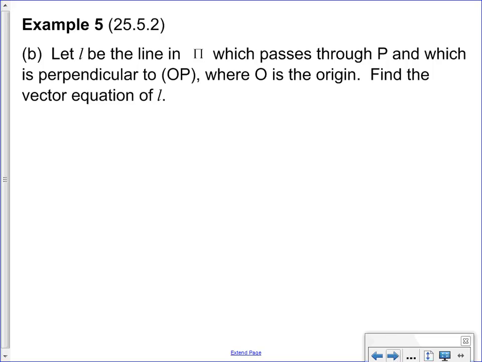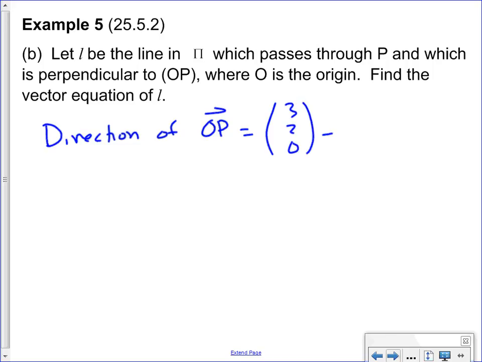So the direction of OP. What was P? 3, 2, 0. So it's 3, 2, 0 minus the origin.